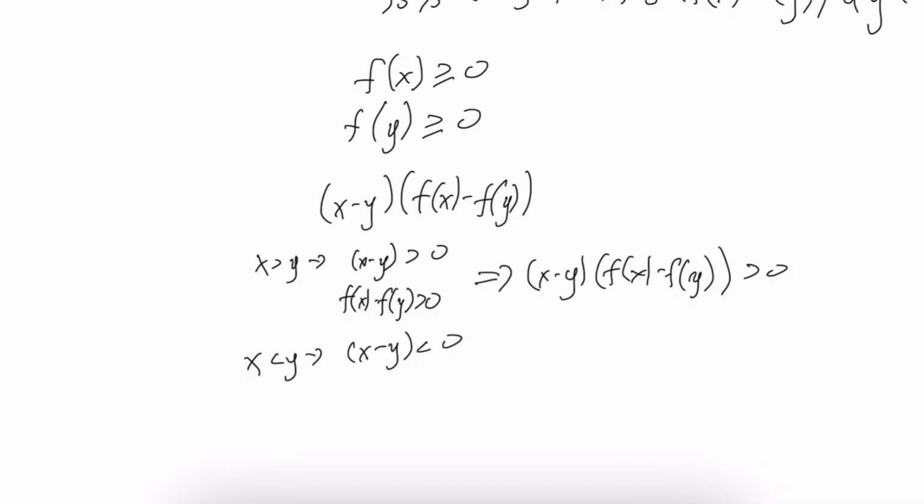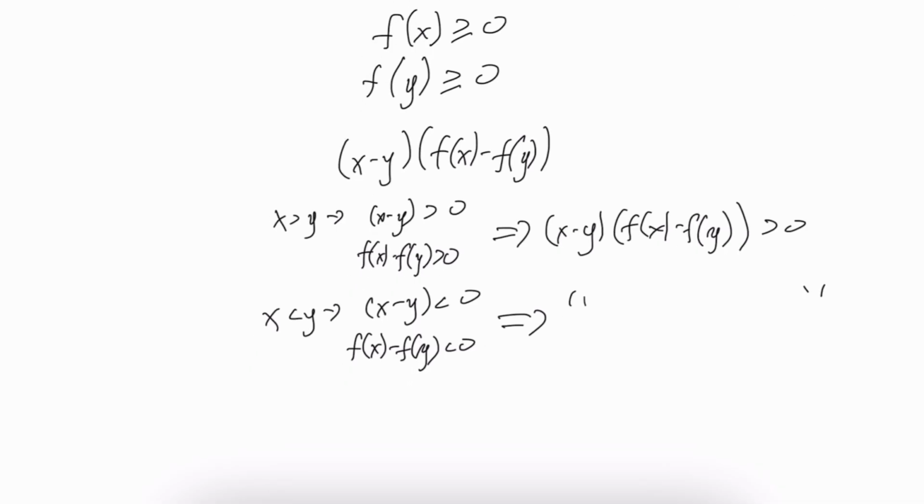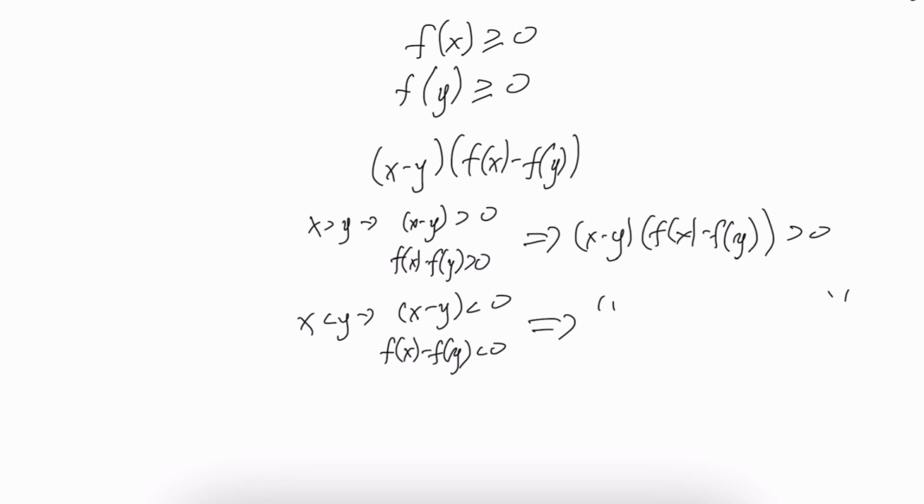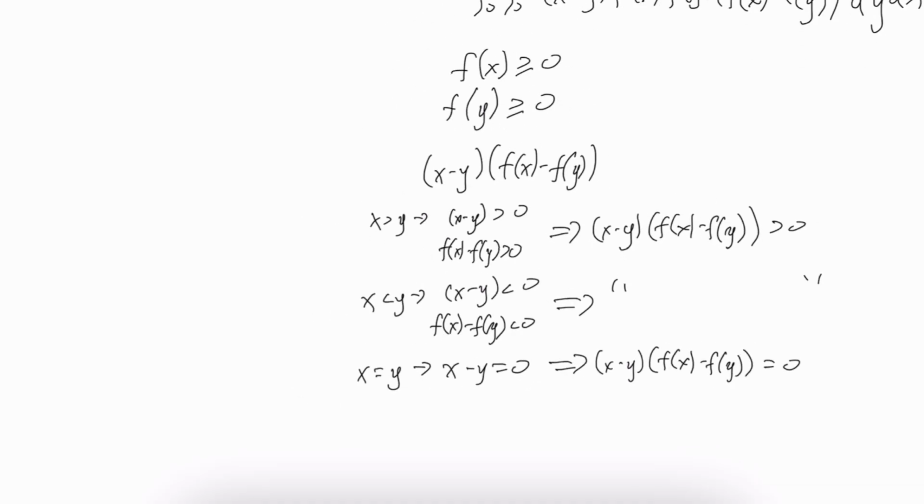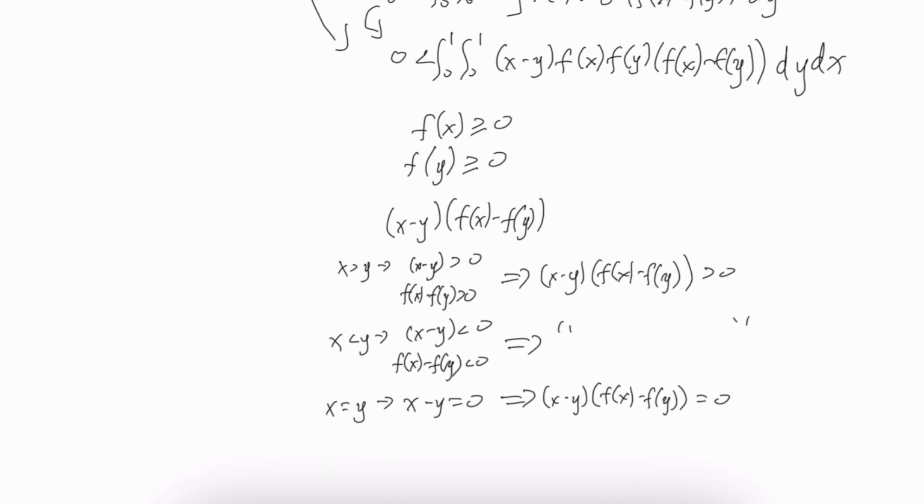Again, because it's increasing, f of x minus f of y is also less than 0. So again the product is going to be greater than 0. With equality, in the case x is equal to y, we just have x minus y equal to 0, so the product is equal to 0, but that's not negative, so that's okay.